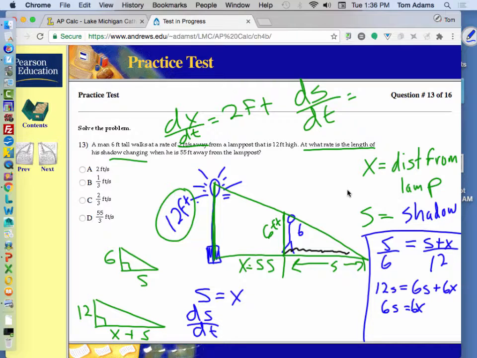And for x I get dx/dt. So ds/dt is equal to dx/dt, but what's dx/dt? We said that it's 2 feet per second. So I think this whole thing is 2 feet per second.